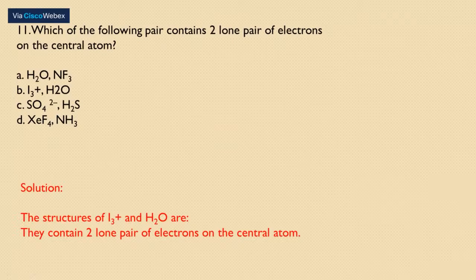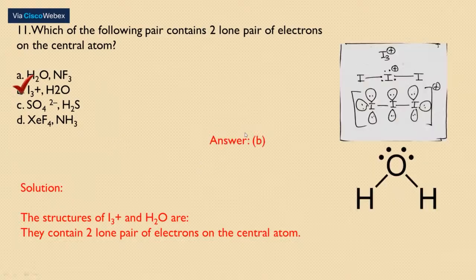Just by looking at this, you can see that water has two lone pairs of electrons. So I'll give the Lewis structure for this. The correct option is I3+ and water.